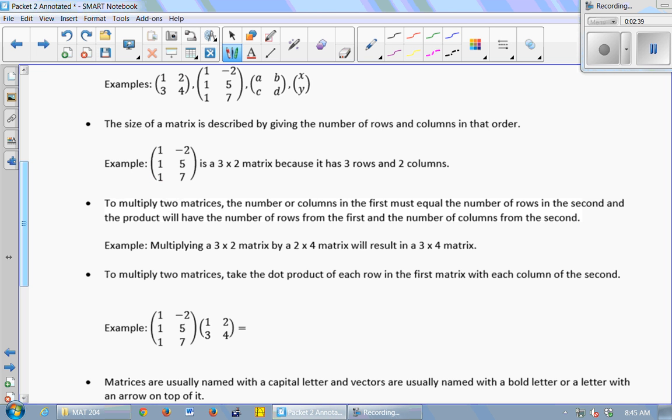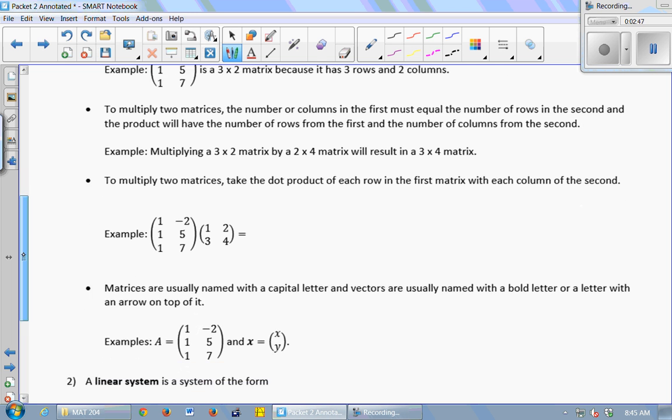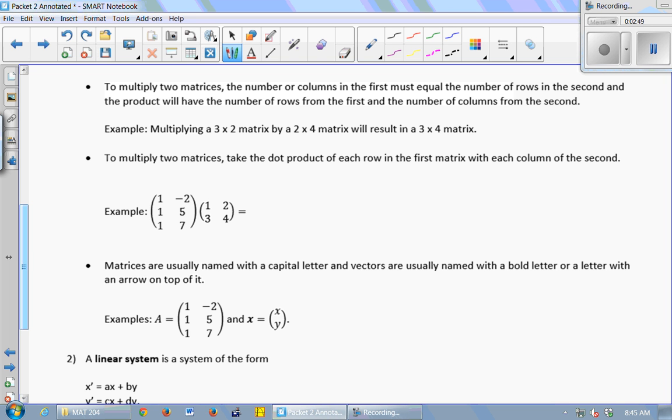All right, so here's a little crash course in matrix arithmetic. To multiply 2 matrices, the number of columns in the first matrix has to equal the number of rows in the second matrix. And the product of the 2 matrices is going to have the number of rows from the first and the number of columns from the second.